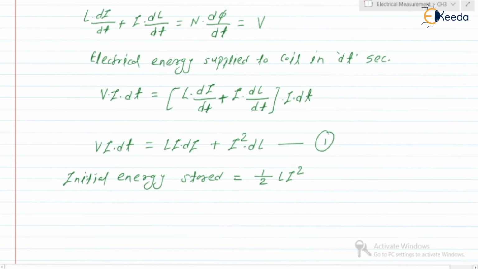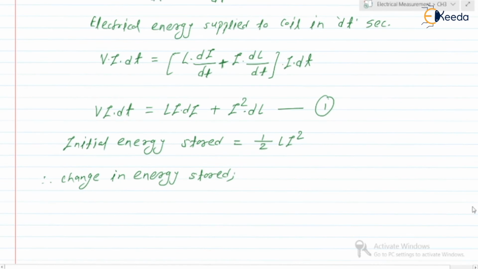Now what is the change in the energy stored? L changes from L to L plus dL, and I changes from I to I plus di. So the change in energy stored is half into (L plus dL) into (I plus di) whole square, which is the new energy, minus the initial energy, half L I square, because we are interested in finding the change.